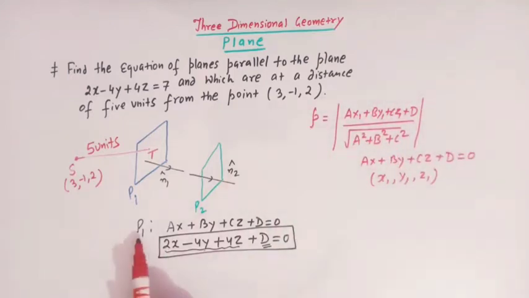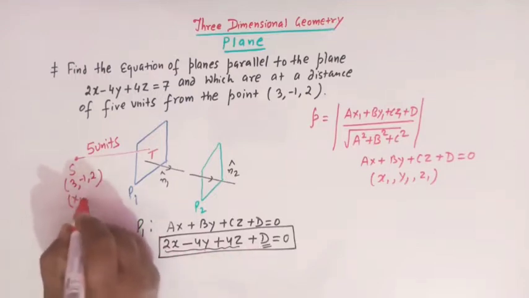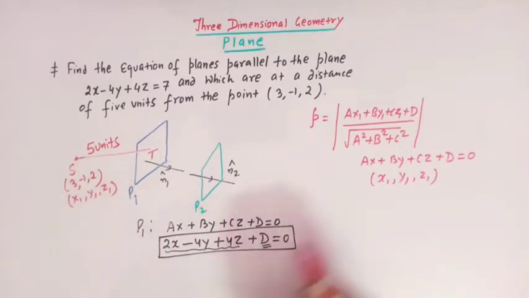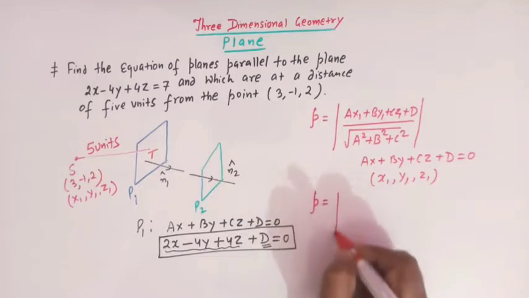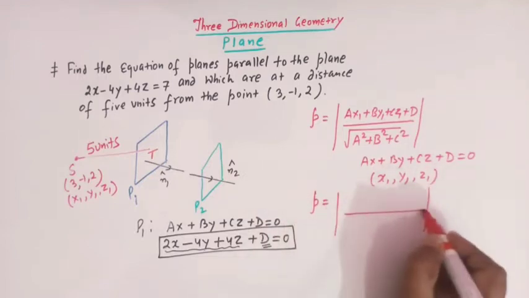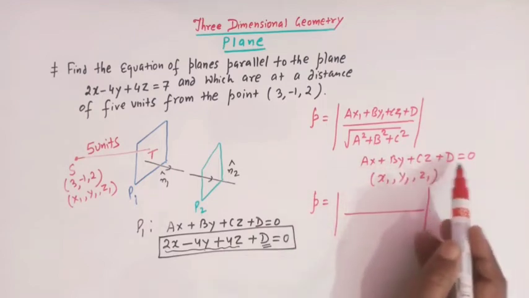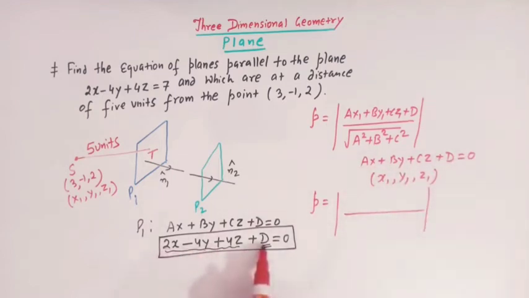And here the plane P1 is given by this equation, and this point can be taken as x1, y1 and z1, right? So now the distance p can be written as, here the equation ax + by + cz + d = 0 is given by this equation.